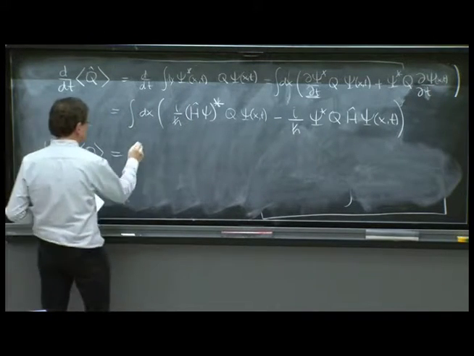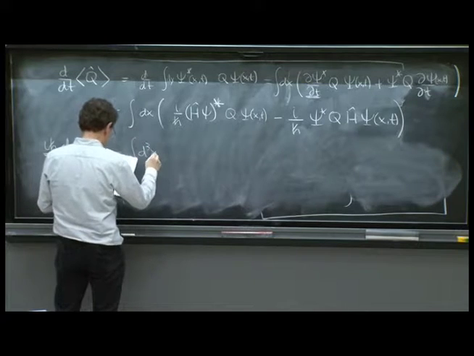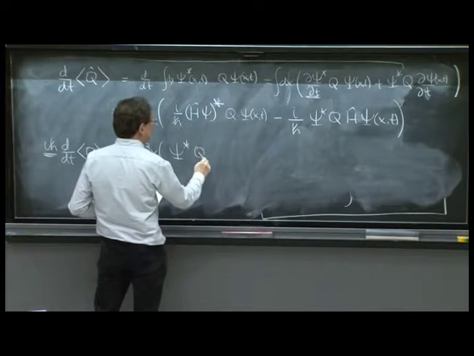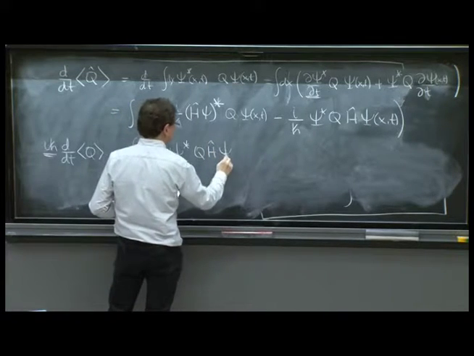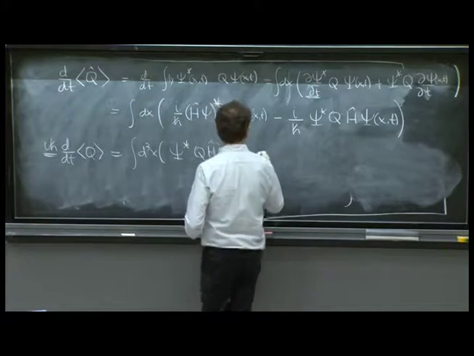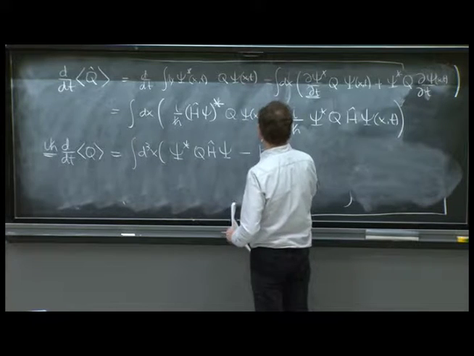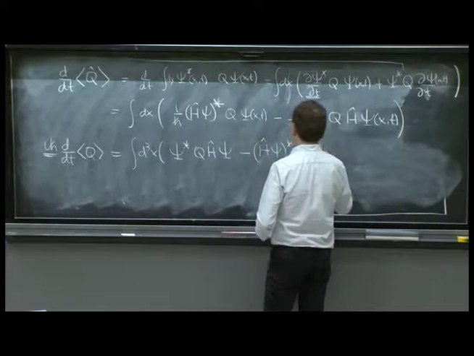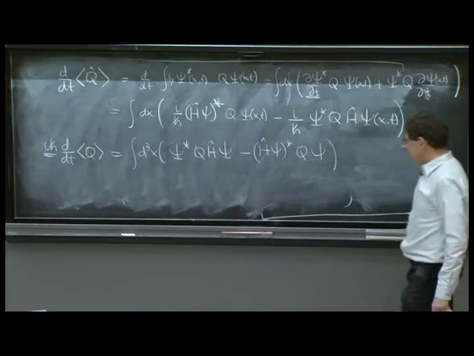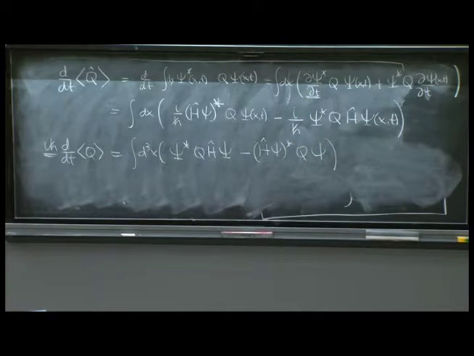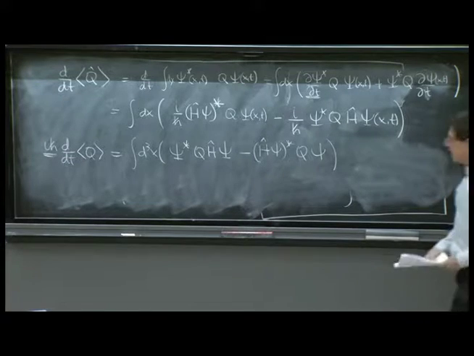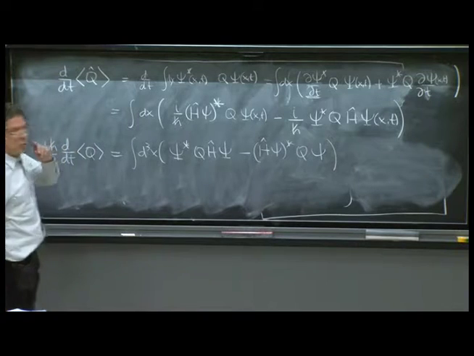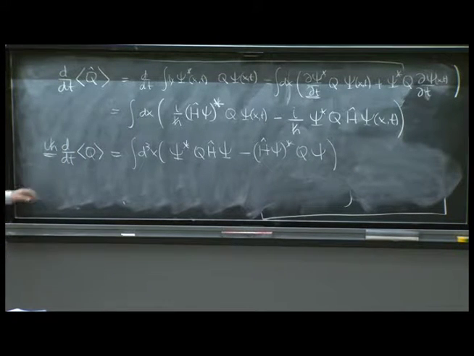So we'll have d cubed x, psi star q h hat psi minus h hat psi star q psi. Okay, things have simplified very nicely. And there's just one more thing we can do.